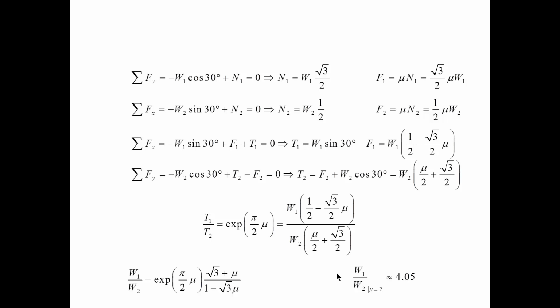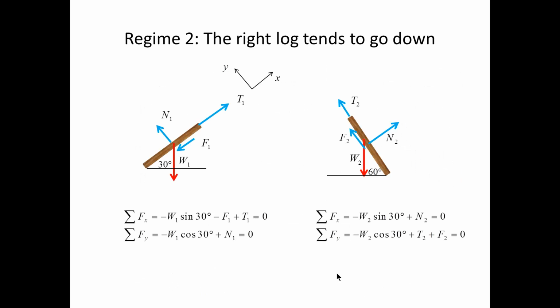In other words, the left log goes down and the right log goes up. Now let us explore another regime where the right log takes an upper hand and its impending motion is down, and the left log state of impending motion is up.